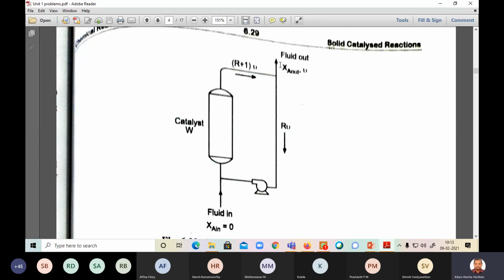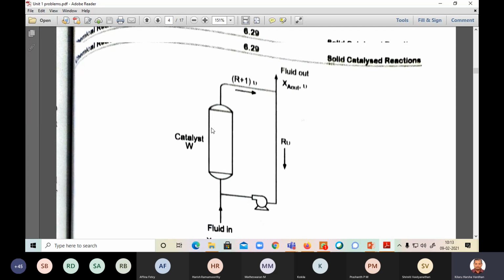The conversion, everything, is based on the recycle ratio here. If the recycle ratio is more, then what will happen? This plug flow reactor will convert to a mixed reactor. And if there is little or no recycle, there is no mixing at all. Therefore, it will act like a plug flow reactor, just like what we did in the previous semesters.